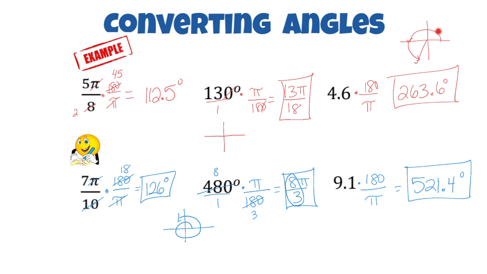I already showed you up here, there's pi radians, that's 3-ish. So over here is 6-ish. So 9-ish is over here somewhere. And of course, it starts to get off a little bit, but you can see that it's wrapped around multiple times, which is why we're getting bigger than 360 for an angle there.